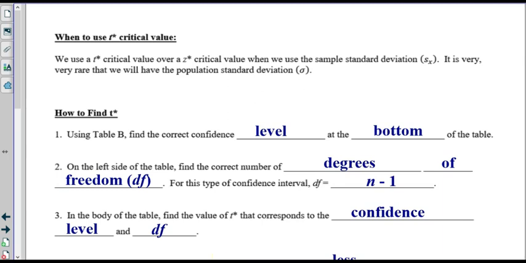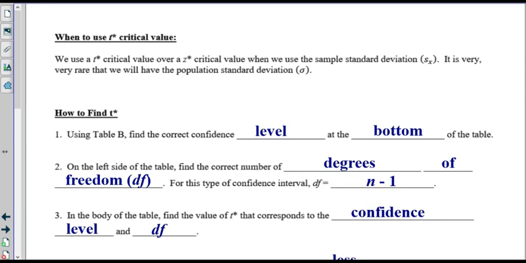On the left side, you'll see the DF. Okay? That stands for degrees of freedom. For this interval, DF is always n minus 1. So whatever your sample is, you're going to subtract 1 from it. Don't worry about why. It's a long, complicated, boring reason. But it's just n minus 1.